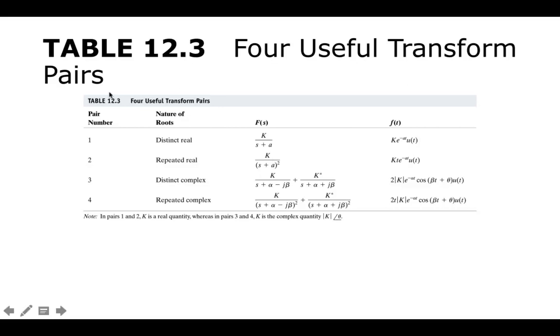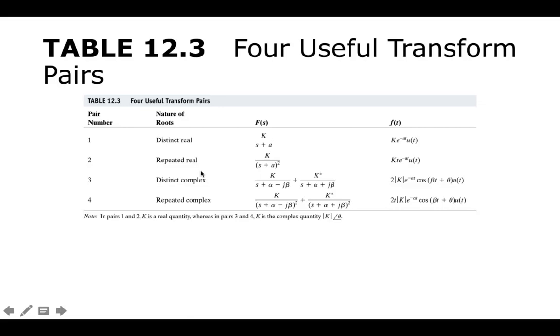And that might give you both a number 1 type and a number 2 type. So you might get both of these terms. While one could always have a constant equal to 0, the most general form, if you have an s plus a squared, a second order negative real root in the denominator of your polynomial, you could pick up both of these terms.